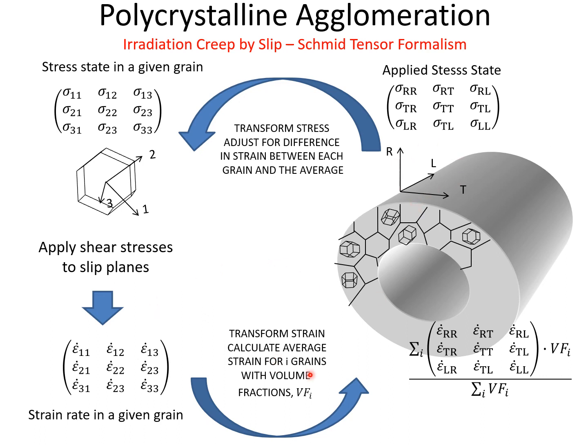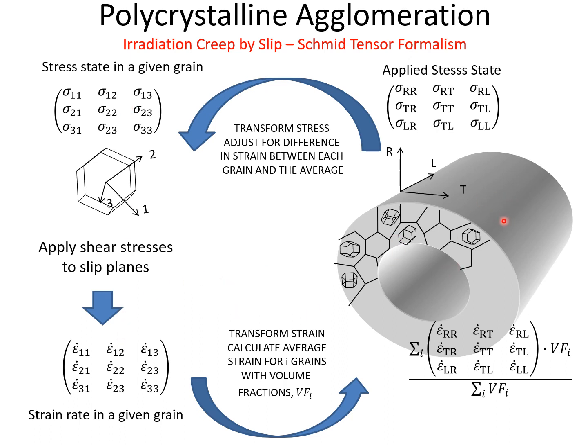In this case, I'm showing strain rate and stress for creep, for instance, but it could be any property. It doesn't have to be strain rate. It could be thermal expansion. Stress and strain rate are the two simplest relationships where we can relate two tensors.